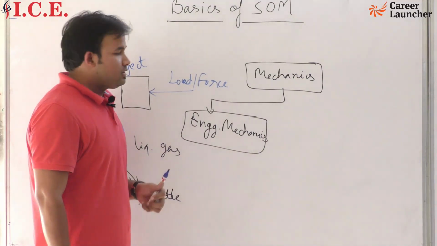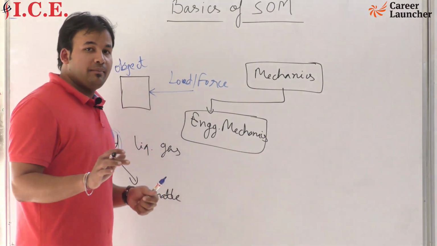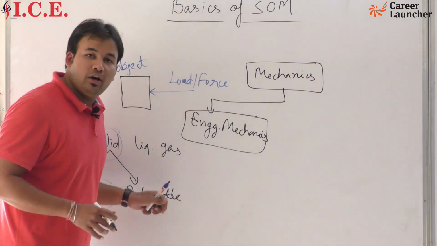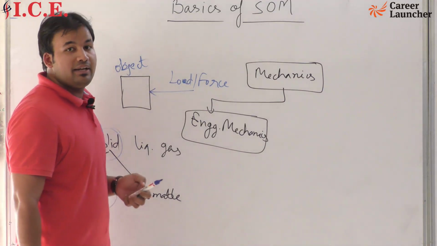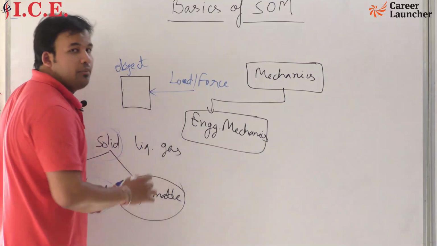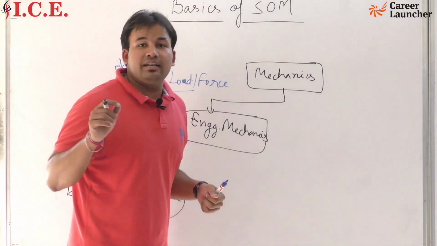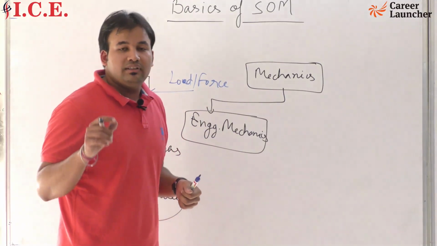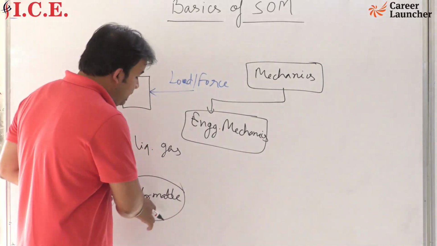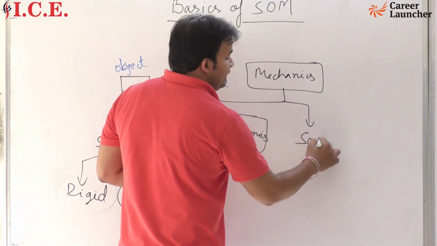Again, that student asked me, sir, suppose this time I am taking a deformable object, then what will happen? Then I told him, if the object is a deformable object, then the internal resisting load or force applied on a deformable body, we have to discuss in a very important subject, that is SOM.